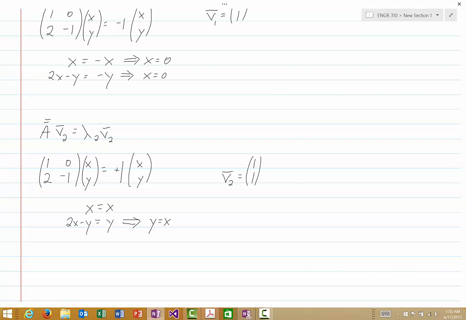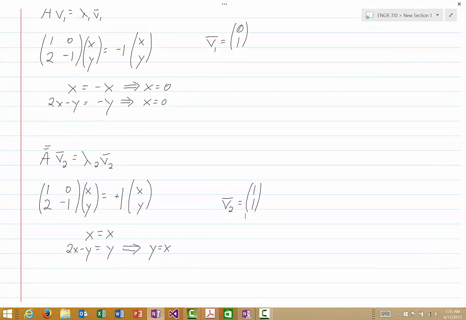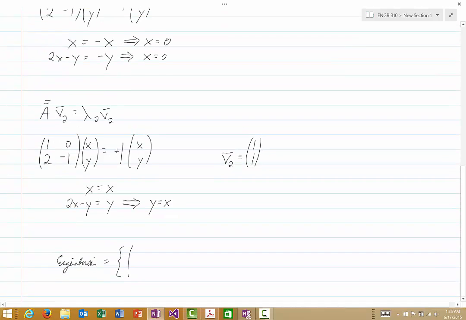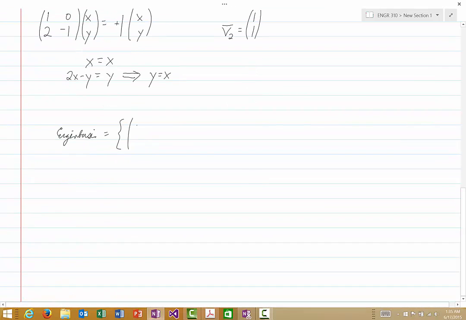So now we have found all the eigenvalues and eigenvectors, and the eigenbasis that they refer to in the instructions for this problem would be the two vectors 0, 1 and 1, 1. Note that these two vectors are linearly independent, and of course together they form a basis for R2.